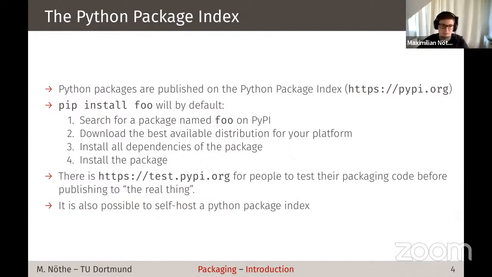So for example, Pandas depends on NumPy and Matplotlib. NumPy for the efficient array structure and Matplotlib for visualization. So if you say pip install Pandas and don't have NumPy installed yet, pip also installs NumPy for you because it knows from the metadata on PyPI that the Pandas package also needs the NumPy package.